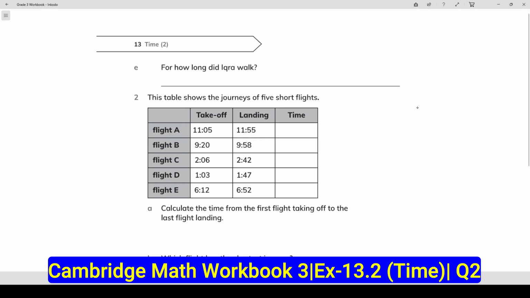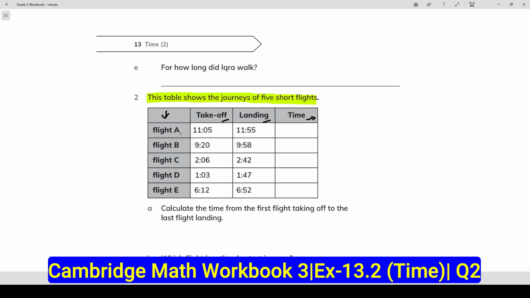Question 2. This timetable shows the journeys of 5 short flights. In the columns are mentioned flight number, takeoff time, landing and duration of the flight. So first we have to find out the duration.